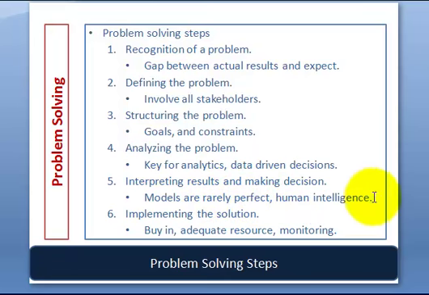There's usually some sort of human intelligence. Where analytics is key, you want to know what the model is telling you, and if you apply some human intelligence, how you tweak that. The last one is implementing the solution. You want to make sure your stakeholders are bought in, that you've provided adequate resources, and that you've got some sort of monitoring set up.